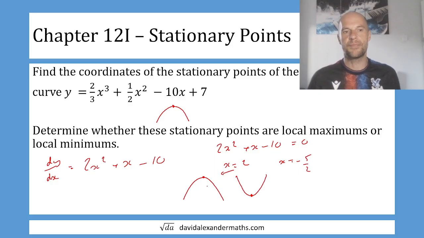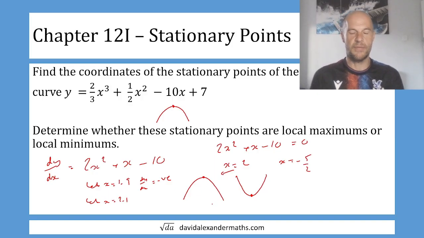Okay, so let x equal 1.9. So what is 2 times 1.9 squared plus 1.9 minus 10? So when x is 1.9, dy by dx is negative. And let's try x equals 2.1, because it could be that it's negative on both sides, in which case this might mean it's a point of inflection.